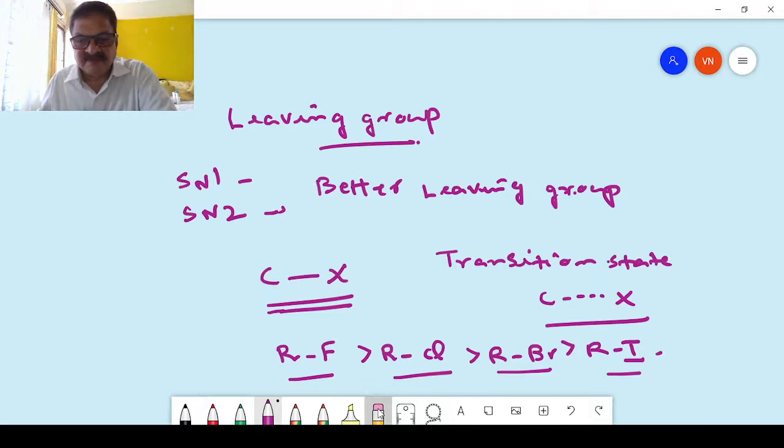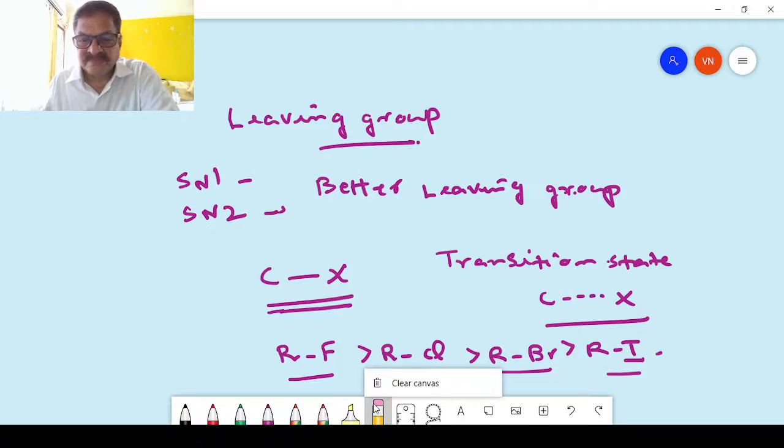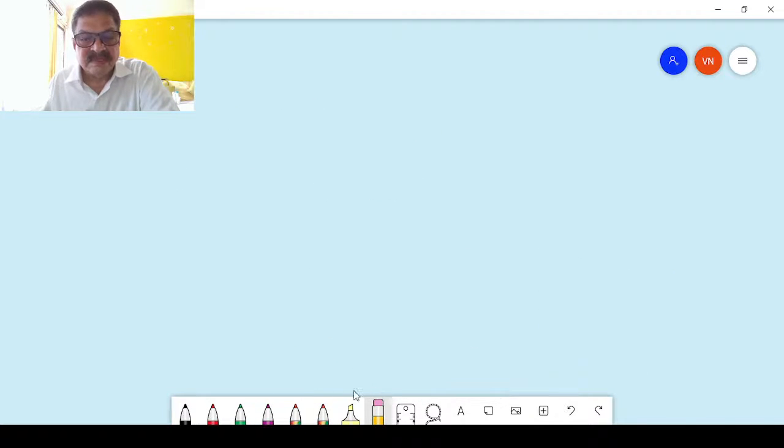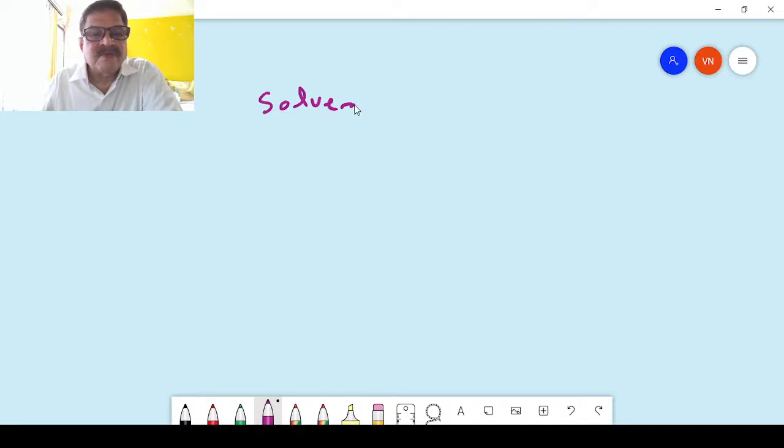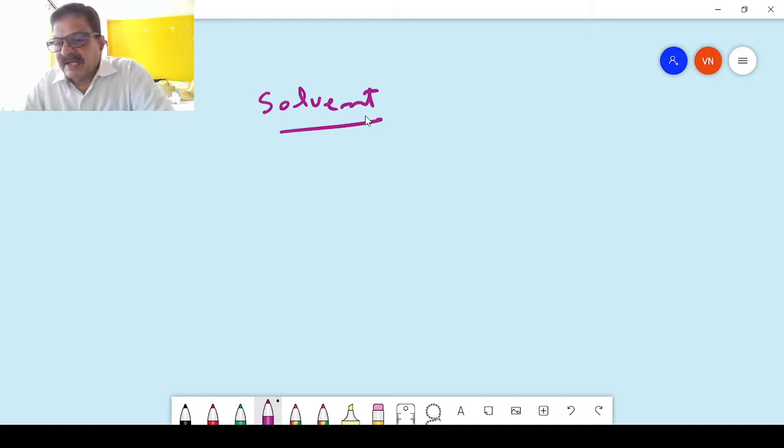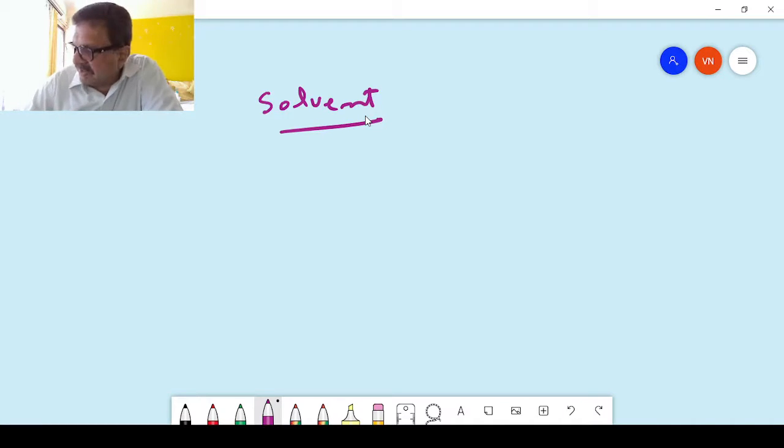Now, the last one we will discuss is the solvent. The nature of the solvent, how it influences the SN1 and SN2 mechanisms. We have different types of solvents. The nucleophilic substitution reactions depend upon the solvent.